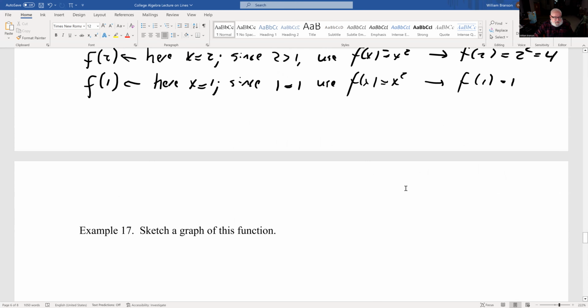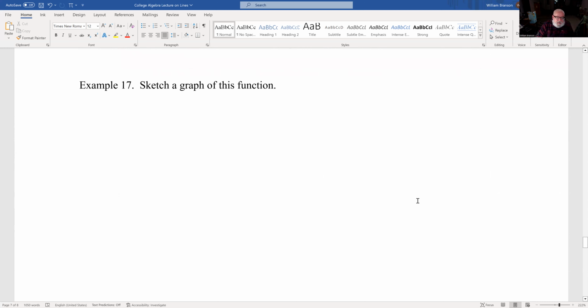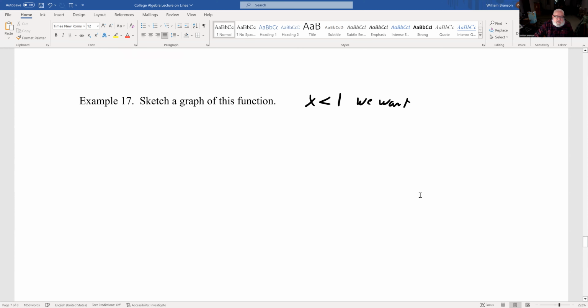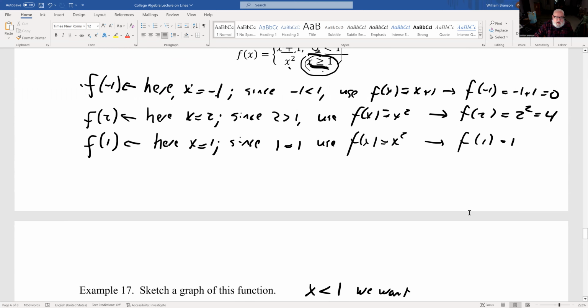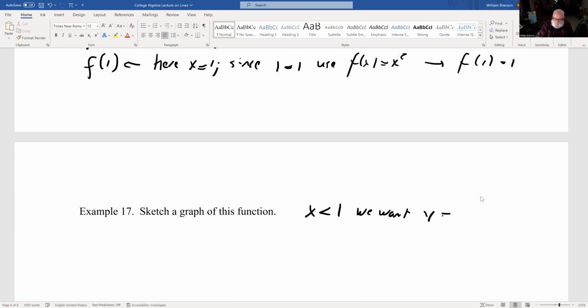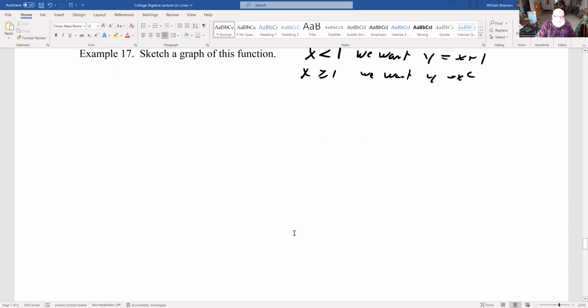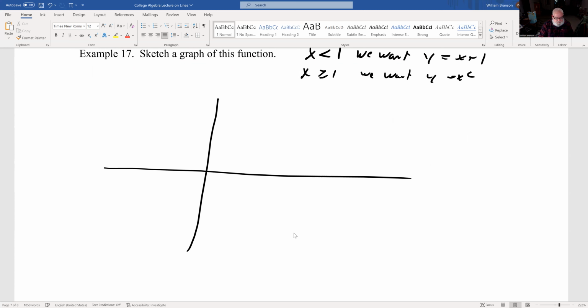So what does a graph of this look like? So for x less than 1, we want y equal to x plus 1. And for x greater than or equal to 1, we want the graph of y equals x squared. So we set up our x-axis and y-axis.